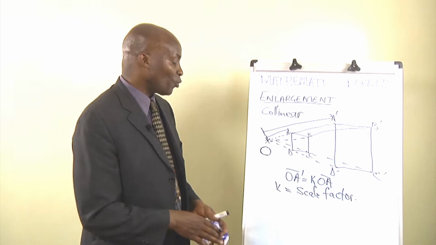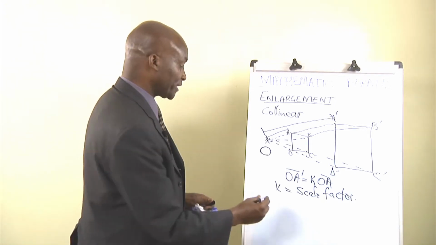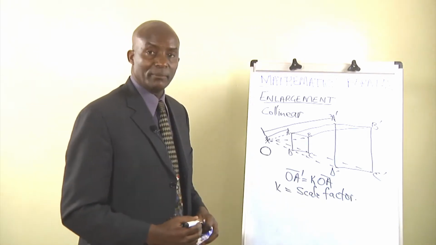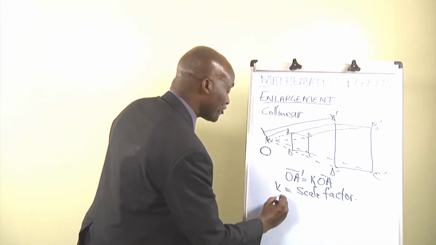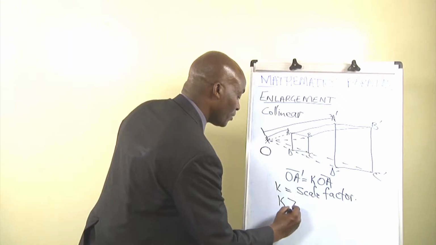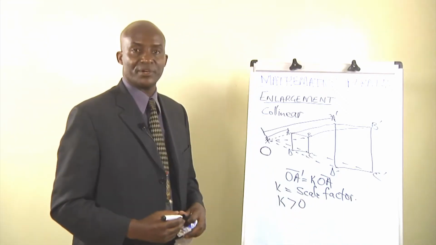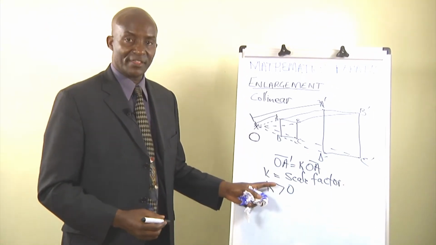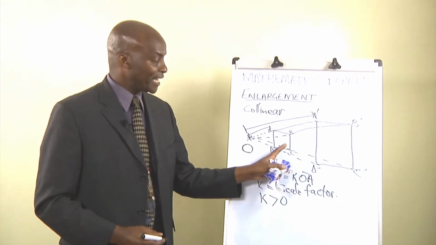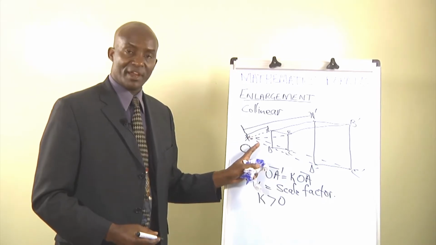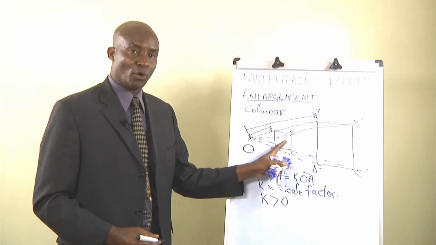Now, I want to qualify K, because K, the scale factor, when it comes to enlargement, is very, very important. There are 3 conditions. First of all, when K is greater than 0, the image will be on the same side of the center of enlargement as the object.